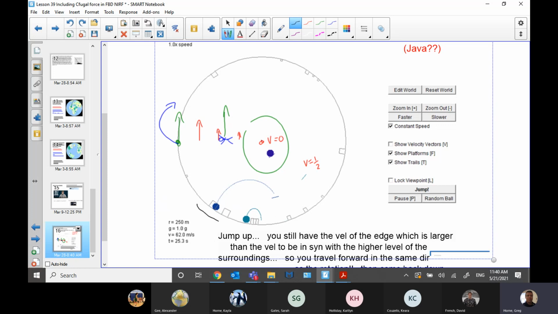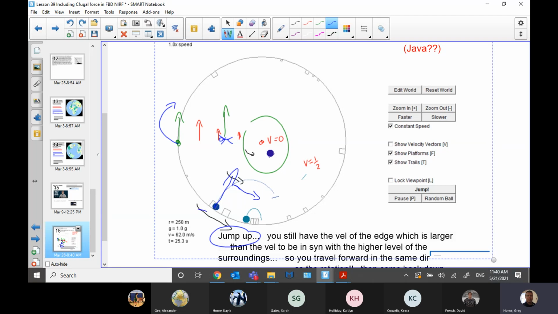So here you have a big velocity sideways. Here in this situation, you'd have a little bit of a velocity sideways, based on the rotation. And here you'd have smaller and smaller velocities, right? So if you jumped straight up, then relative to the surroundings, the buildings, the poles, the wires that are supporting things, you'd actually have a velocity sideways relative to them.